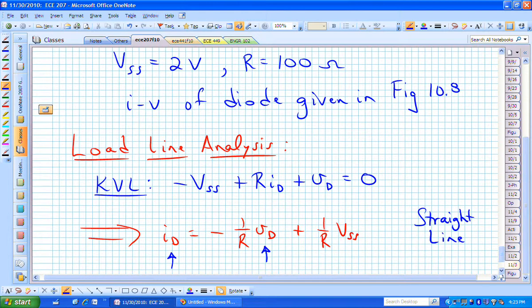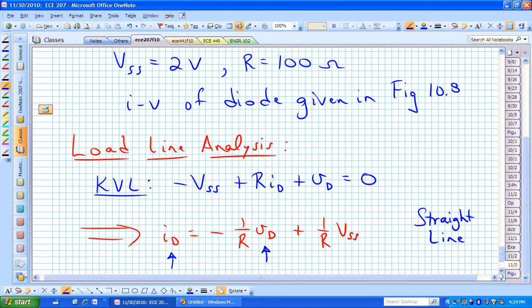Where V sub D is our x, I sub D could be y. This is now a straight line. What's the form if that's a straight line? That's our initial point, or that could be our y-intercept, right? If V sub D is like x and I sub D is like y, this is y equals mx plus b.